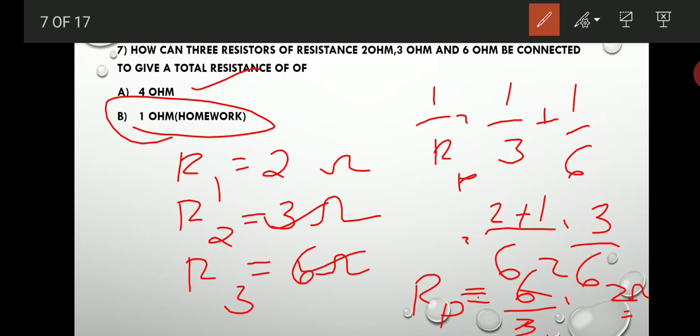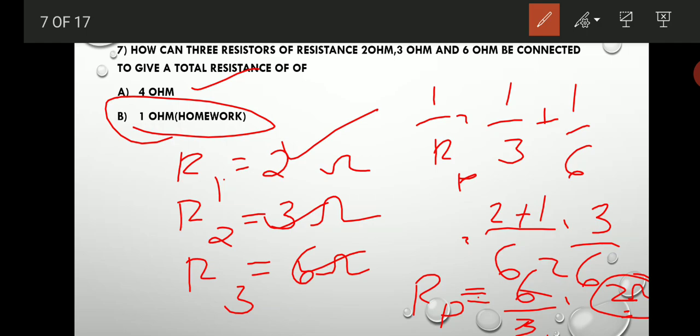Now, to make it 4, I have to add 2 more ohm. So that is a series connection, right? See, 2 ohm I got, and when I add this to resistance R1, I'll get 4 ohm.